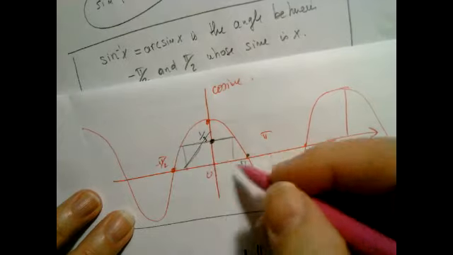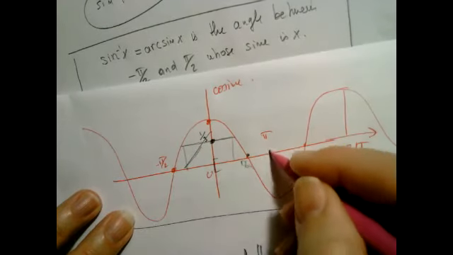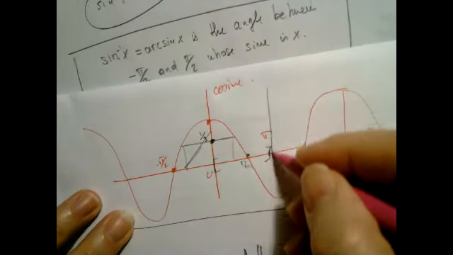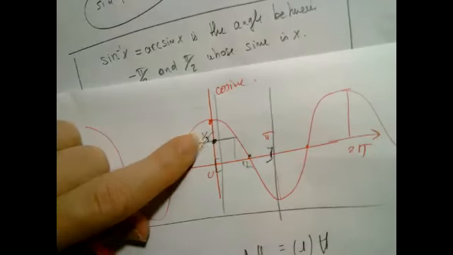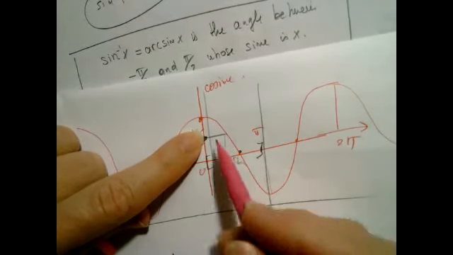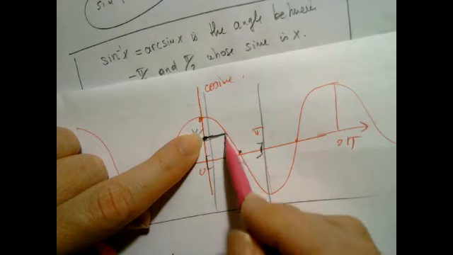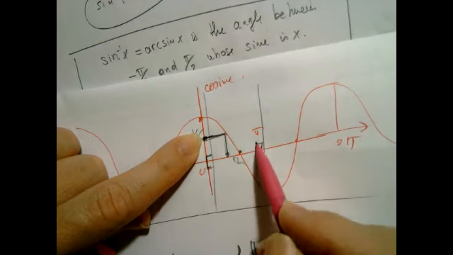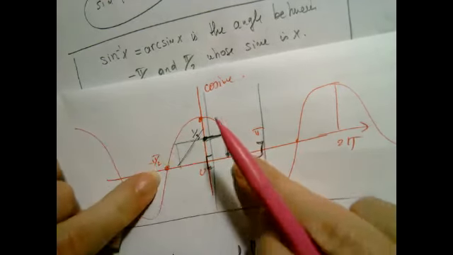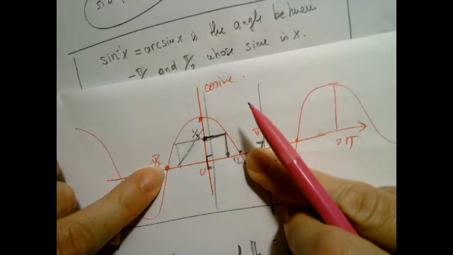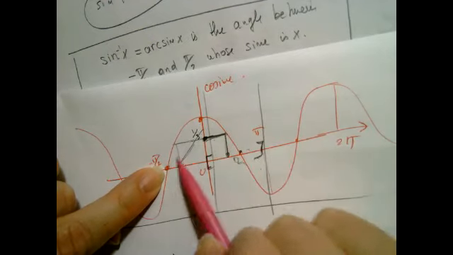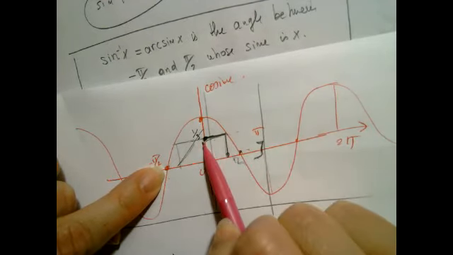So the cosine inverse is going to give me the angle between 0 and pi, whose cosine is 1/3, because it has to give me one angle. If I give you the cosine, I need one of them.